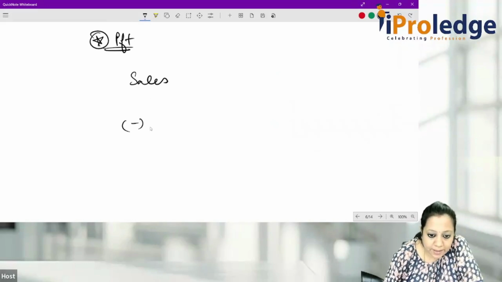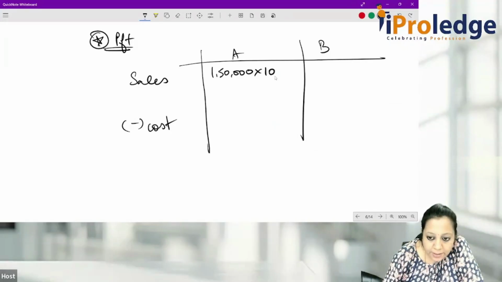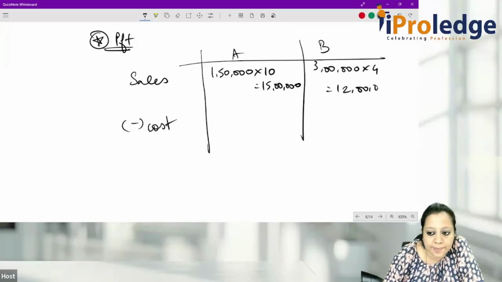Sales minus cost, A and B. 1,50,000 into 10, that is 15 lakhs. 3 lakhs into 4, that is 12 lakhs.